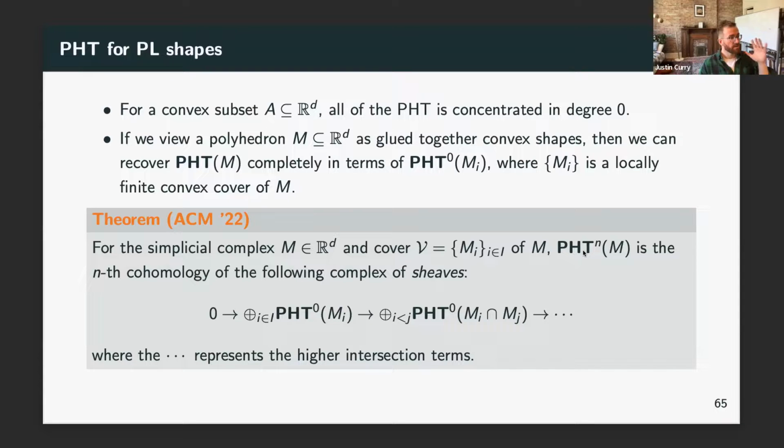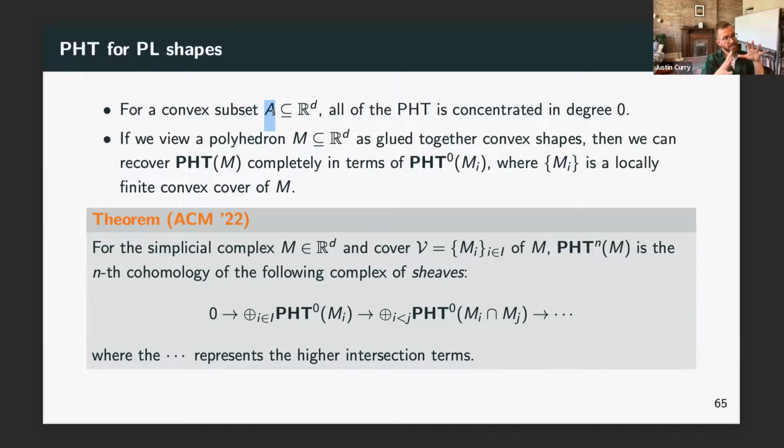And so the first setting we considered is if M is a polyhedron, so it's sort of covered by convex shapes. Well, any given convex shape only is going to have homology in degree 0.